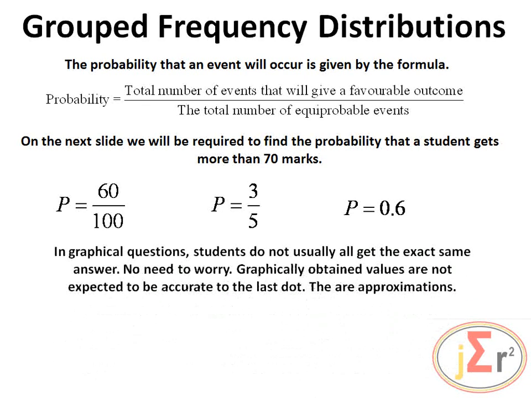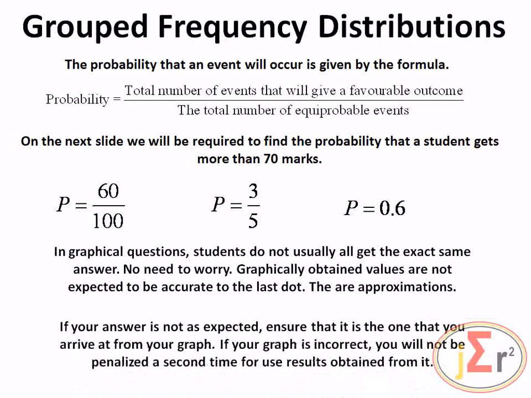In graphical questions, students do not usually get the exact same answer. No need to worry. Graphically obtained values are not expected to be accurate to the last dot. They are usually considered to be approximations. If your answer is not as expected, ensure that it is the one that you arrive at from your graph.